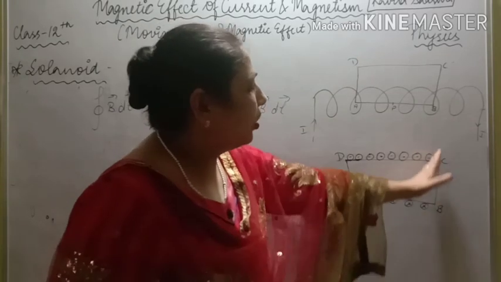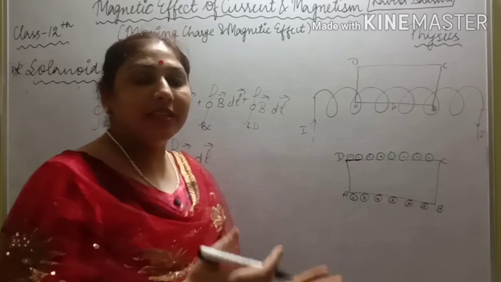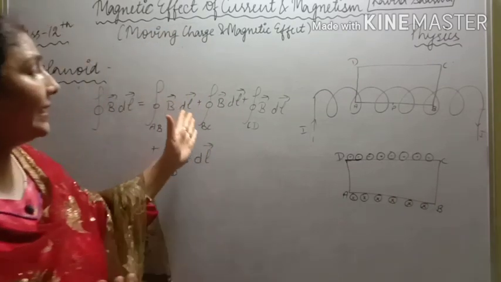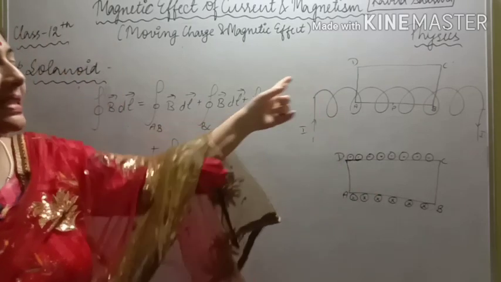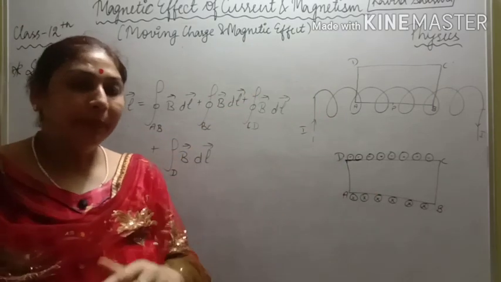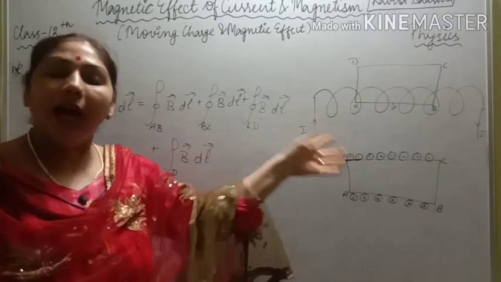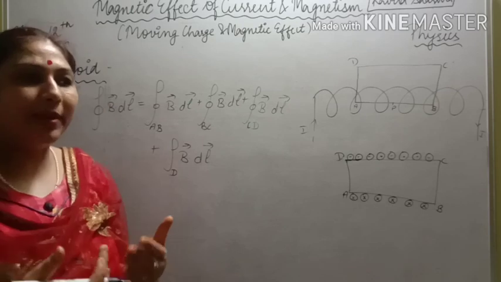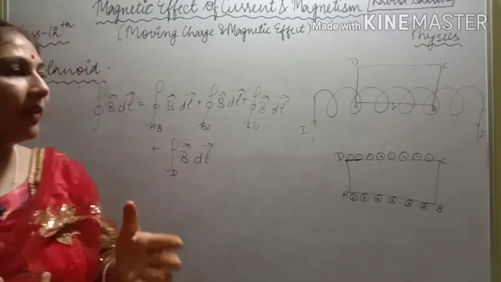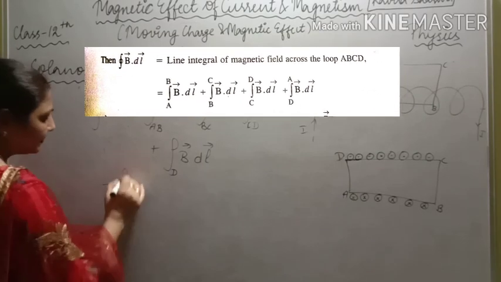So along BC, when we measure the line integral of B dot dl, theta will be taken as 90 degrees. For CD we have theta 180 degrees, right? Then we talk about DA. Again the angle theta between B and dl, the current element and the magnetic field, will be equal to 90 degrees.